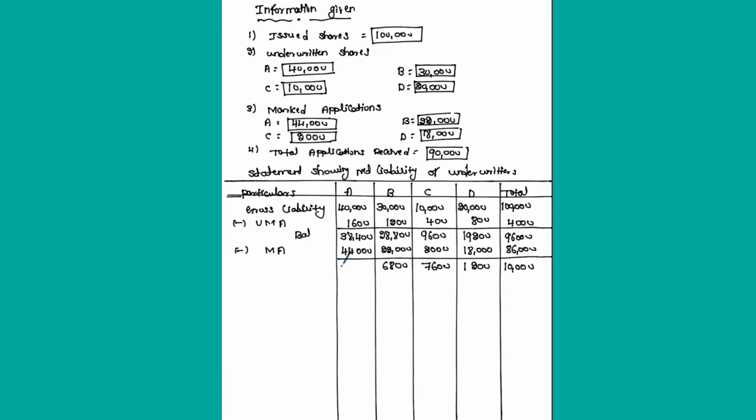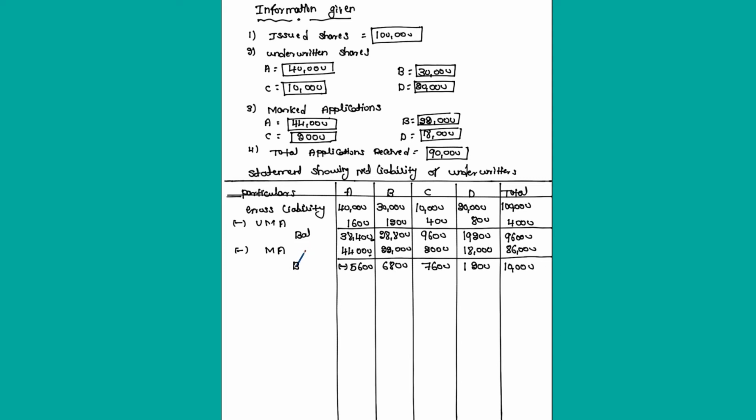And in the A column, if you observe, minus 5,600. Underwriter A has shares of 38,400, but he received applications for 44,000. So 5,600 surplus applications he received. This 5,600 we should distribute to B, C, D in the form of ratio.